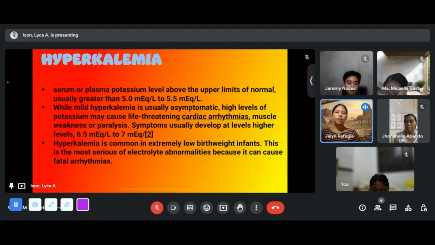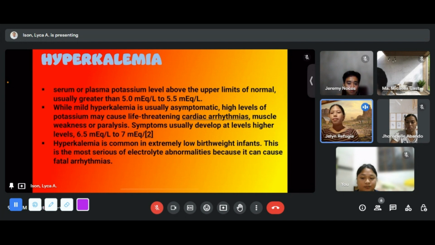So, nagkukos din ng life-threatening cardiac arrhythmias, muscle weakness, or paralysis ang pagkakaroon ng mild hyperkalemia. And yung mga sintomas is nagda-develop kapag yung potassium level is nag 6.5 milliequivalent per liter or 7 milliequivalent per liter.